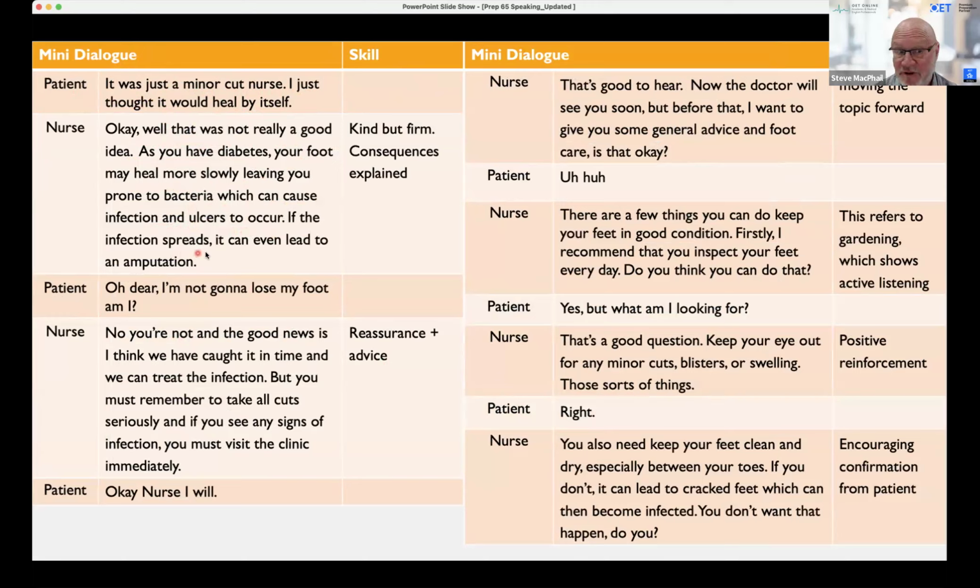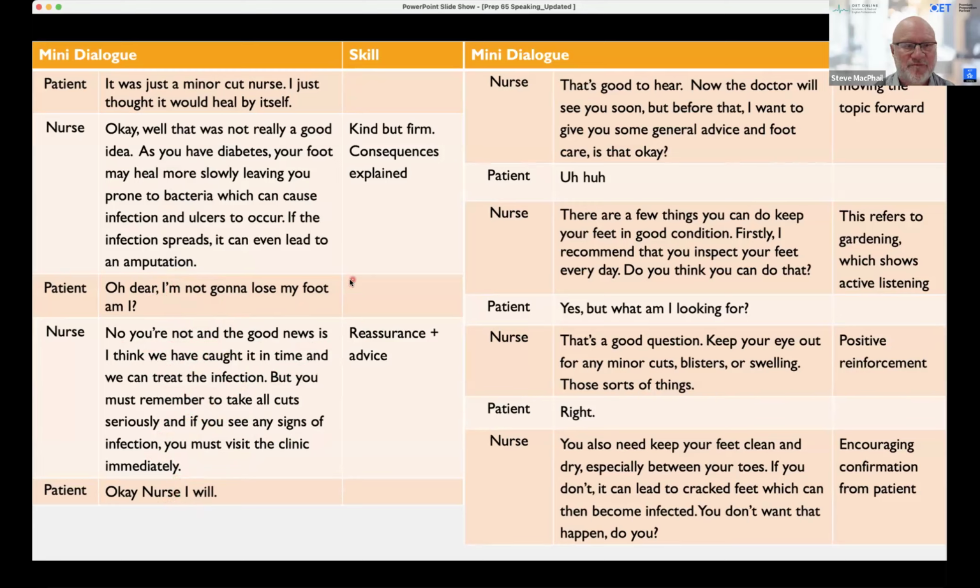If the infection spreads, it can even lead to an amputation." "Oh dear, I'm not going to lose my foot, am I?" "No, you're not. And the good news is, I think we've caught it in time and we can treat the infection. But you must remember to take all cuts seriously. And if you see any signs of infection, you must visit the clinic immediately."